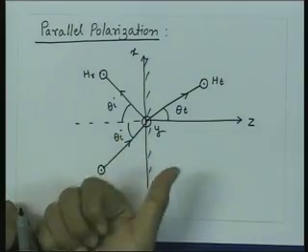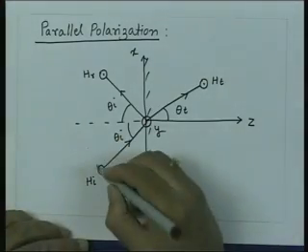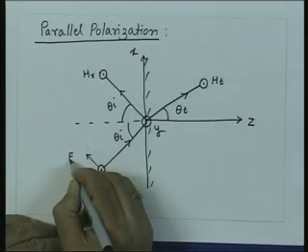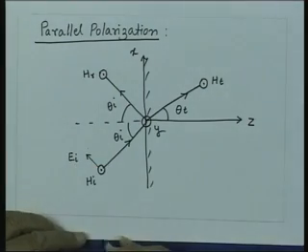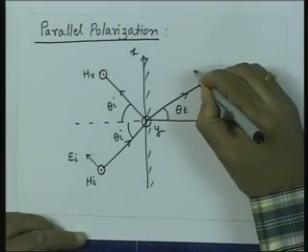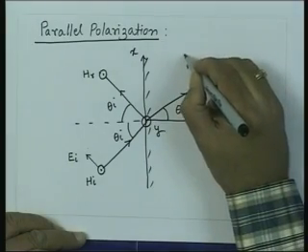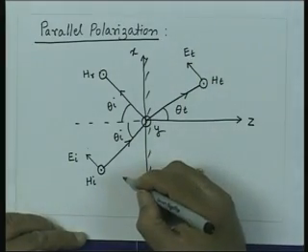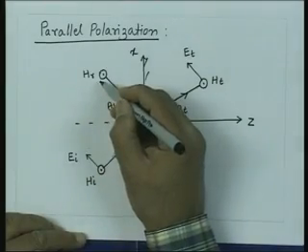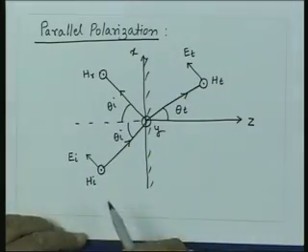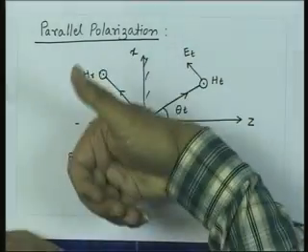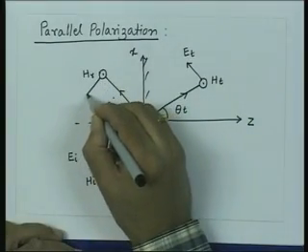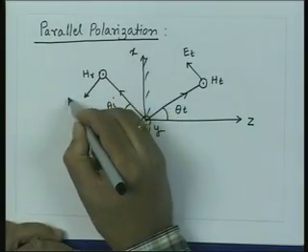So, E cross H gives me the correct Poynting vector. So, I get this is the direction for my Ei, this is the direction for Et, and for this wave which is going in opposite direction, again I must get E cross H which is this way. So, E will be pointing this way. So, this is my Er.